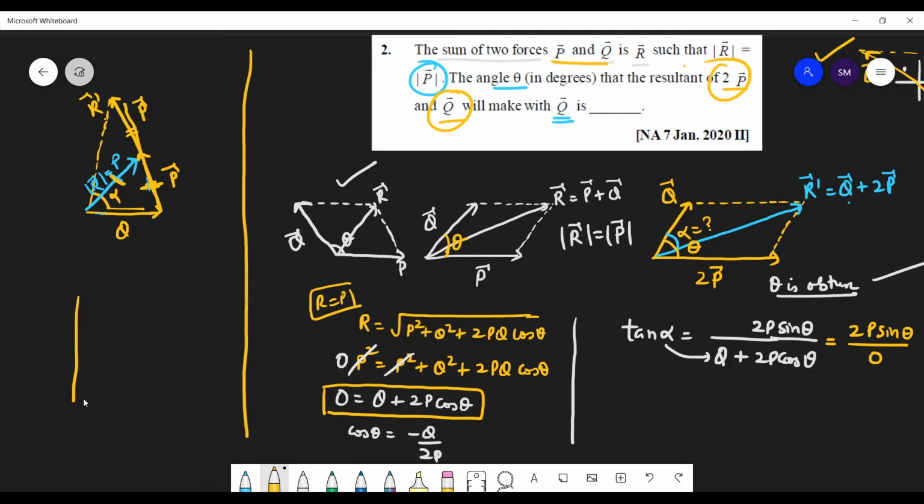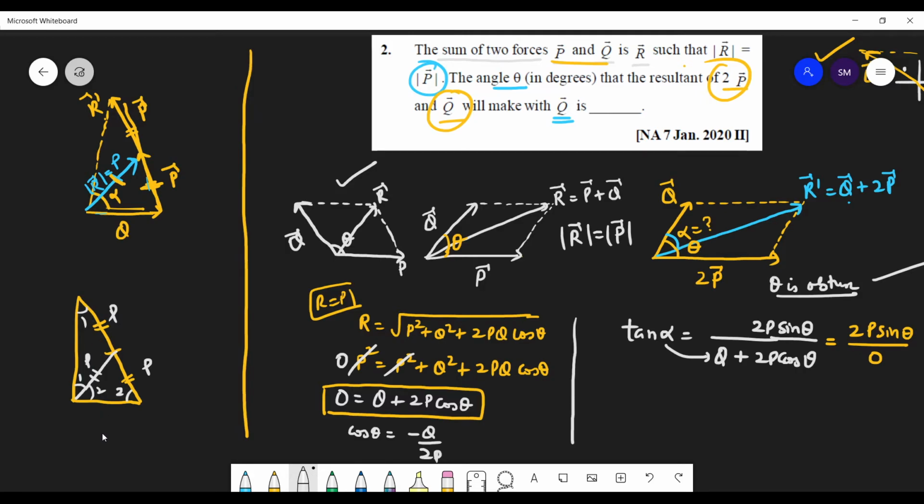Let me make this figure again. This length and this length are the same. That's P, this is also P, and this length is also P. So these three lengths are the same. We have to find this angle. Let this be angle 1, this angle 2. If this is 2, in this isosceles triangle this will also be 2, and if this is 1, this will also be 1.